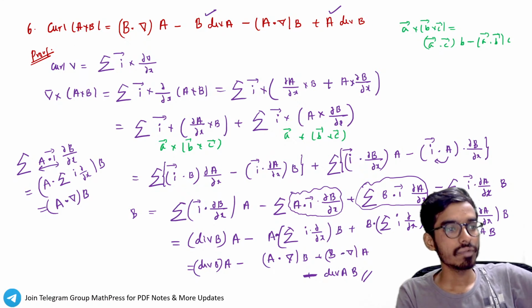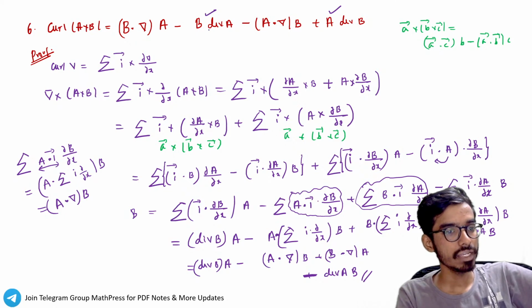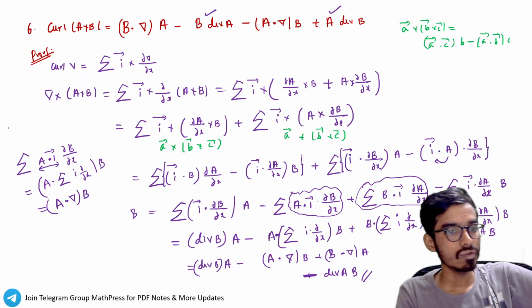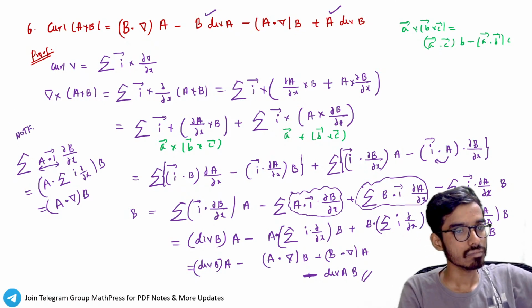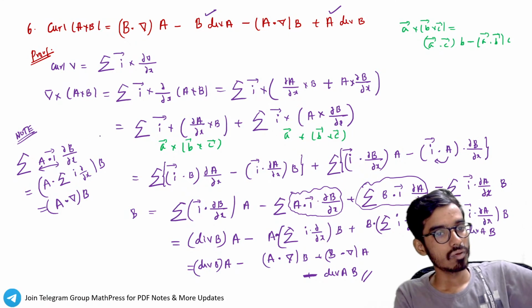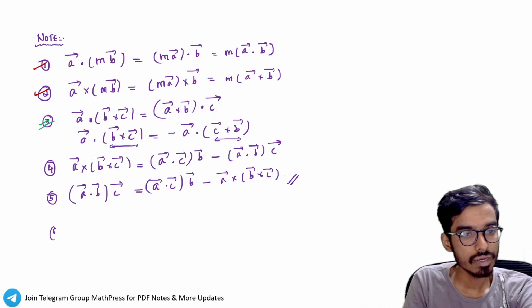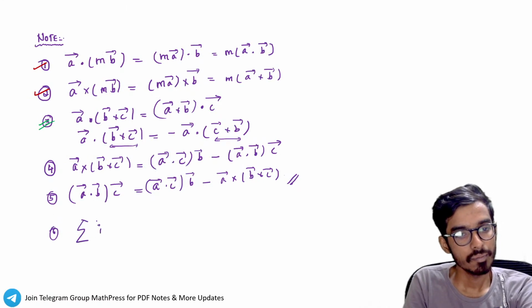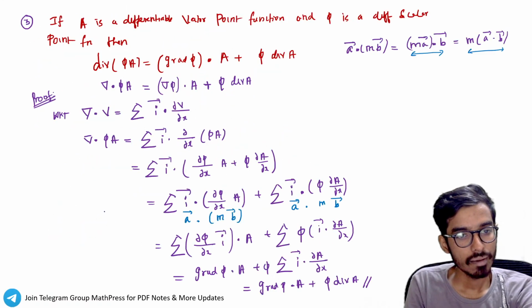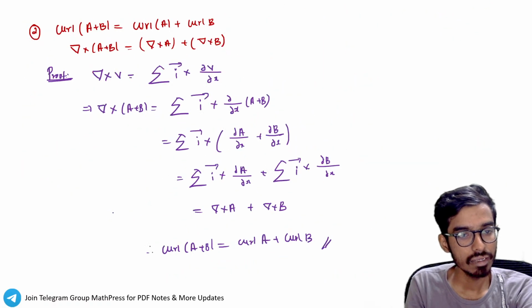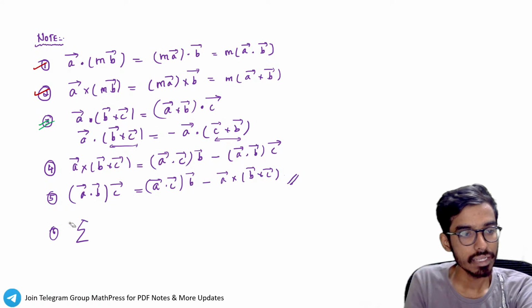So we need to prove curl of A cross B is B dot del into A minus B div A minus A dot del B plus A div B, right? You just make this note, right? Or else I can also add it here so that you will not forget. So summation I cross summation A dot I dou B by dou x.